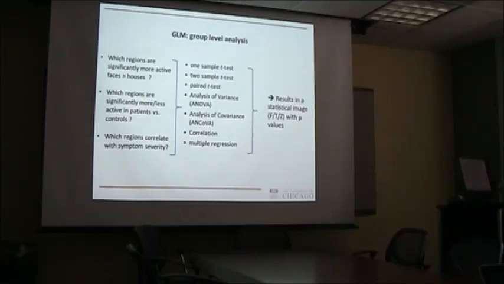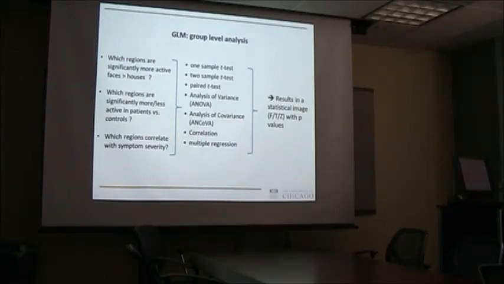Whatever kind of test you do, what they all have in common, and this is something I want to talk about a little bit more, is that they again result in a statistical image. You have that on the subject level, but it also happens on the group level. So you get an image where each voxel represents either, say, an F or a T or a Z value, depending on the statistical test that you do.